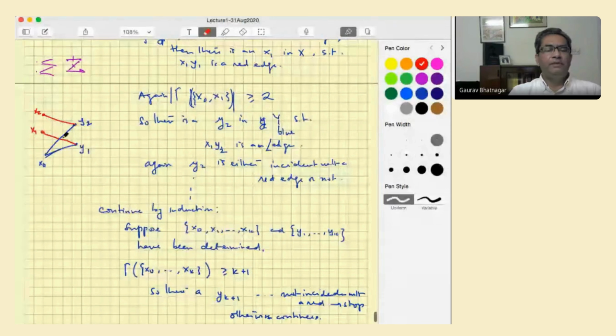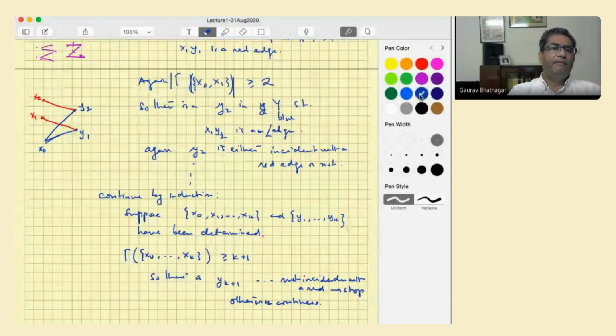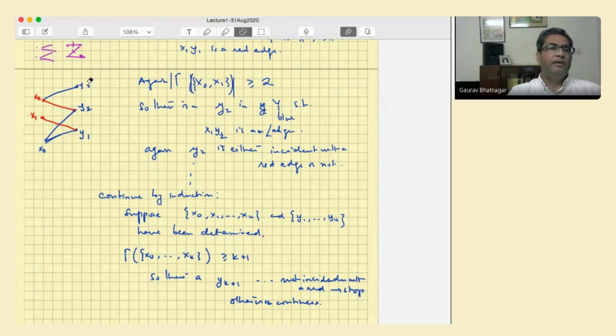Suppose this happens, and then we have y3 here. It doesn't matter. Maybe x0 is also equal to x2. Let's say this is what you're saying, right? So there's a path like this, and then this also happens. Okay, hang on, I'm not doing it correctly.